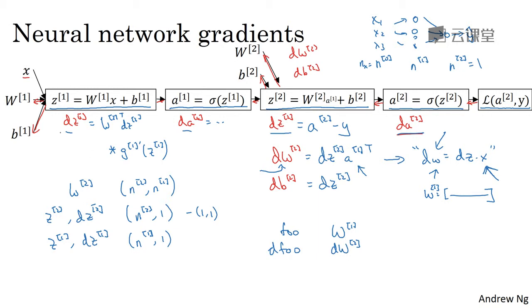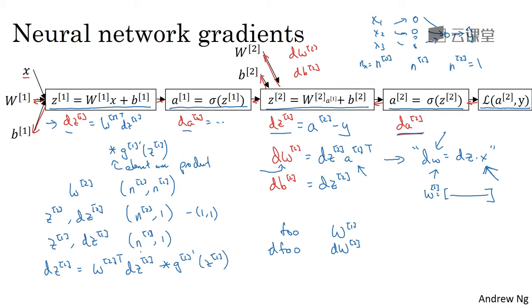So to make sure that the dimensions of all this match up, we have that dz1 is equal to W2 transpose times dz2, and then this is an element-wise product times g1 prime of z1.